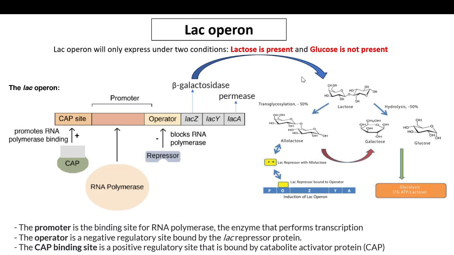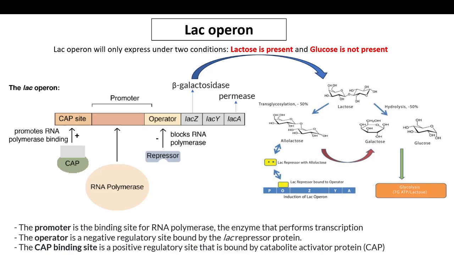Glucose is the main source of carbohydrate for our body as well as for prokaryotic organisms like bacteria, because glucose can be easily broken down into metabolites ultimately used in glycolysis. So if glucose is present, life is very easy, as it can be easily metabolized and utilized in glycolysis.